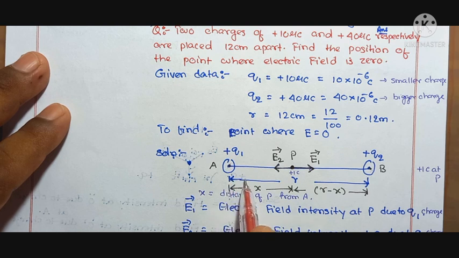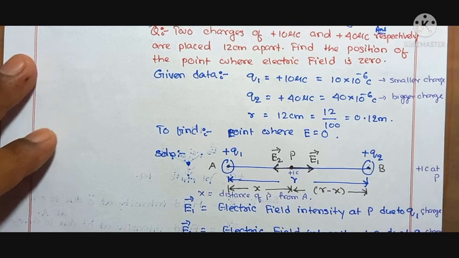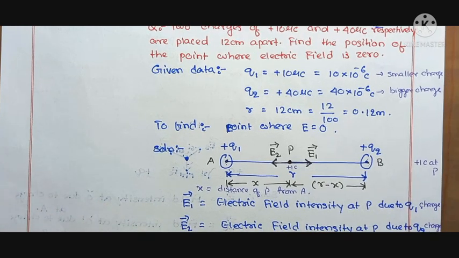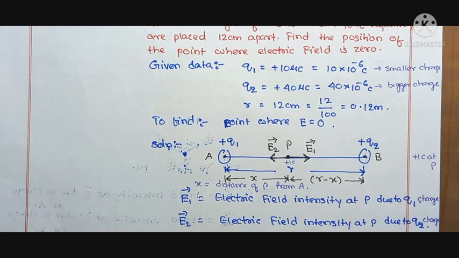So Q1 and Q2 charge, the distance between them is R, and the distance from this charge is x. So the remaining distance is R minus x.